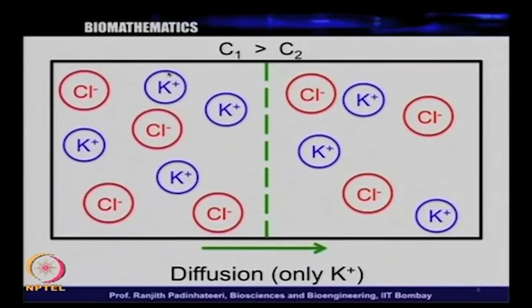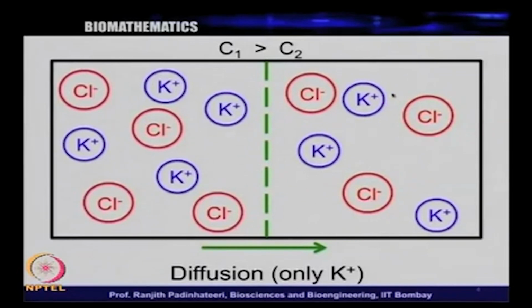So, on the whole, this part of the box is neutral, with an equal number of K plus and Cl minus. Here also there is an equal number of K plus and Cl minus, so this is also neutral. The concentration of KCl here is C1 and the concentration of KCl here is C2.